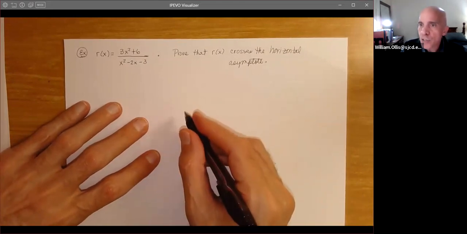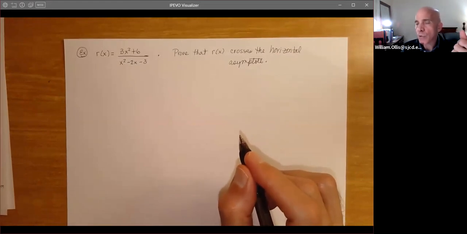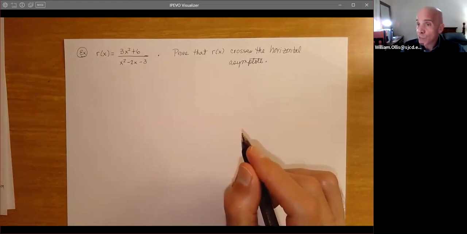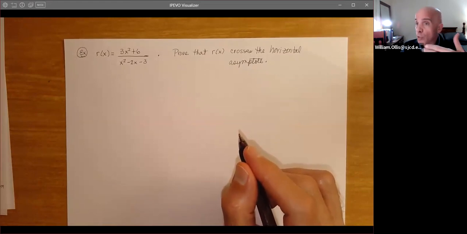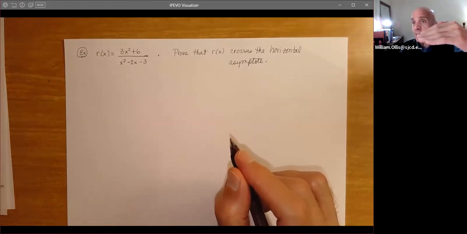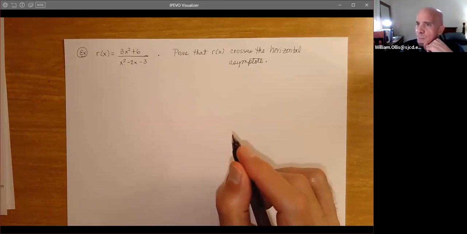So we've talked about how you compute a vertical asymptote. We've talked about how you compute horizontal asymptote. We've talked how you compute the slant asymptote by division, okay? And again, you can have quadratic asymptotes and cubic asymptotes as the degree of n gets larger and larger relative to d, but we're not really going to spend much time with that.